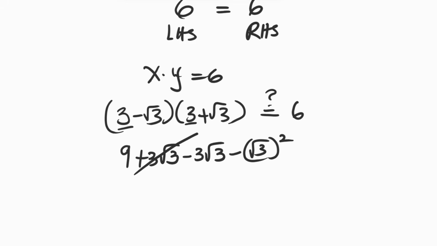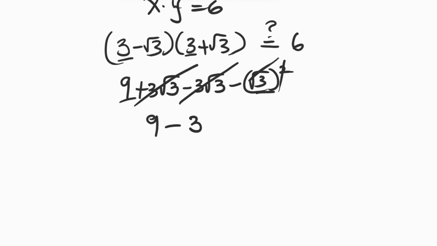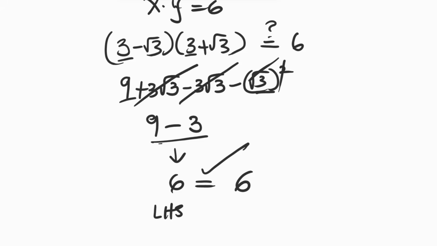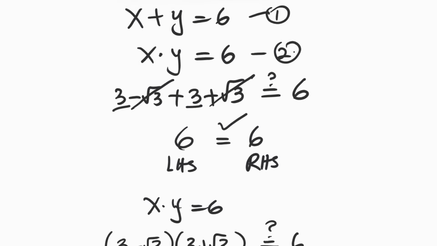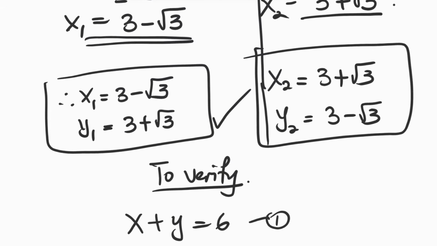The plus 3 root 3 minus 3 root 3 will cancel out. The square will cancel out the square root. And what do we have left? We have 9 minus 3, which is 6, which is also equal to 6, showing that the left-hand side is equal to the right-hand side. All this just simply proves that our answers are correct.